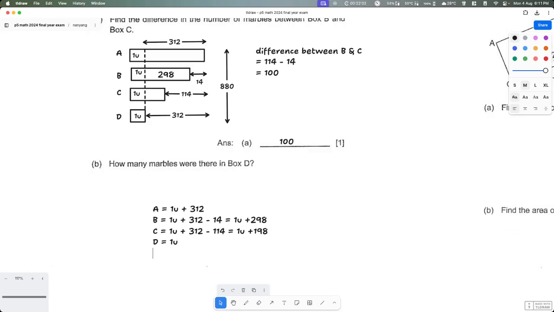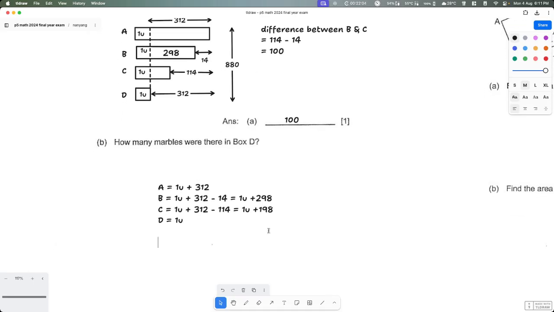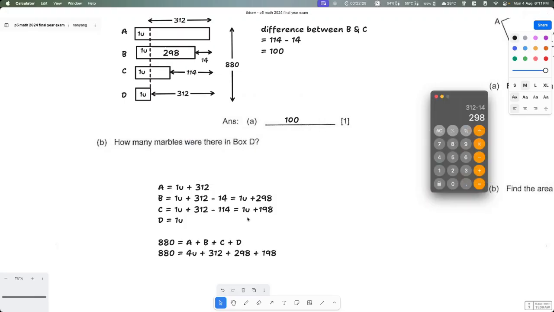D is 1 unit. So 880 is equal to A plus B plus C plus D. So 880 is equal to 4 units plus 312 plus 298 plus 198. Let me double confirm, 312 minus 114 is 198. Great.